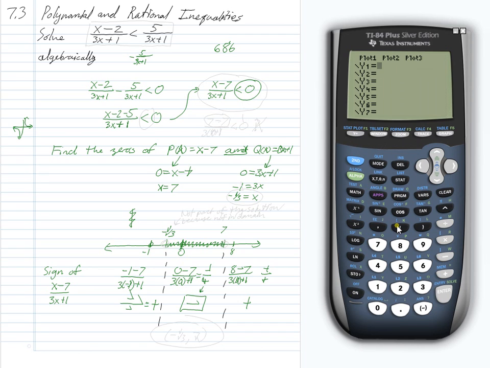Now, the question is, do I want to include the endpoints? Well, the endpoint negative 1/3 came from the denominator. That was a 0 of the denominator, so this is never going to be a solution.